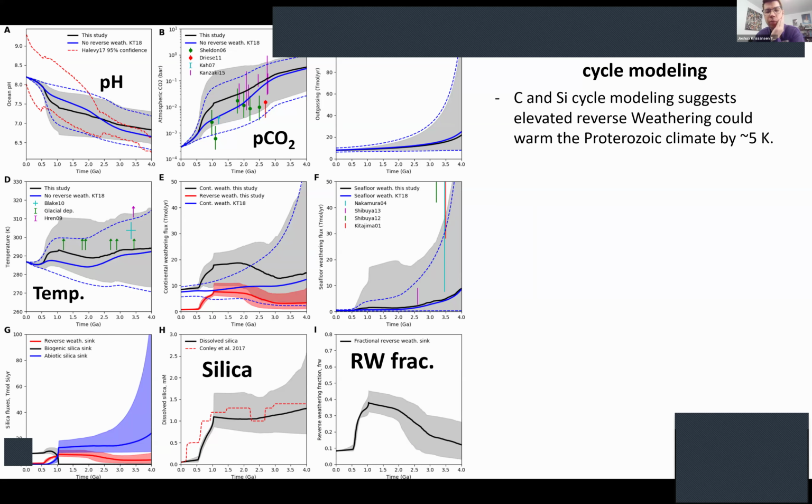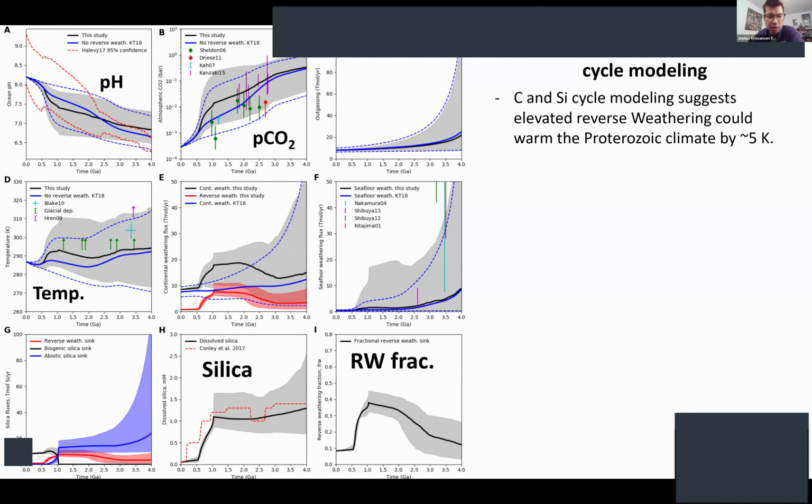But essentially what we're doing here is we assume that non-biological silica deposition switches on at a certain level of some fraction of saturation, right? And that's kind of an uncertain parameter, but that is what is causing the silica to plateau.